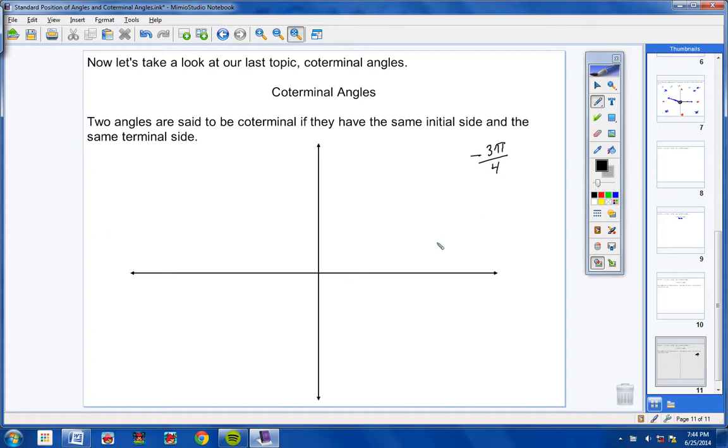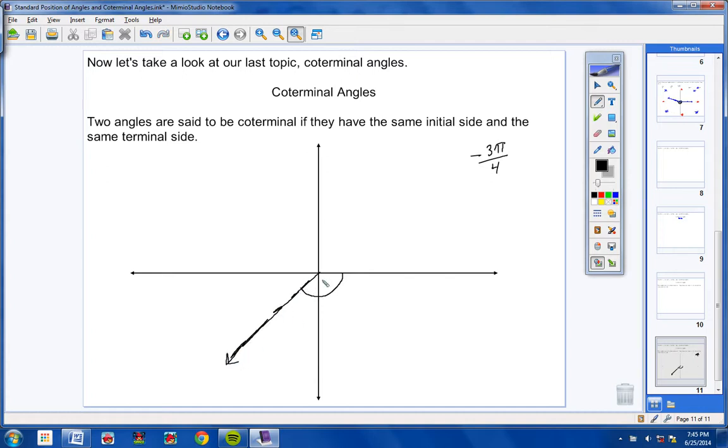Okay, and then from here to here is another half a pi. So if we go from here all the way to here, that's 180 degrees, or that's 1 pi. Now we're going 3/4 of a pi, so we would rotate from here to here, and there's my angle right here, and there's my initial side right there. And so of course this is negative 3 pi over 4.